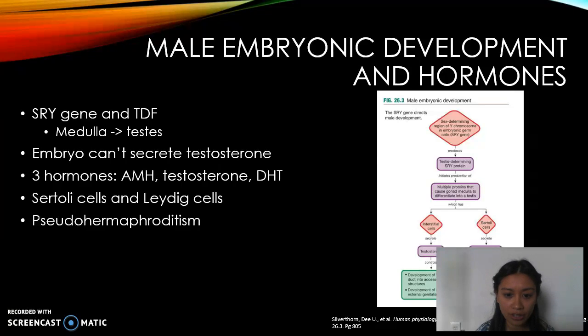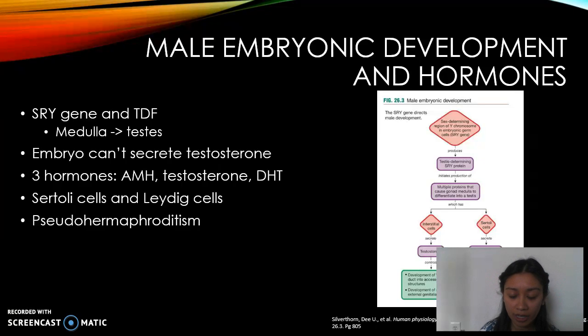Testosterone and DHT are the dominant steroid hormones in males, and both will bind to the same androgen receptor, but the two ligands will elicit different responses. So the role of AMH in male embryonic development is that AMH will cause the Mullerian ducts to regress, and then the testosterone will change the Wolffian ducts into the male accessory structures like the epididymis, the vas deferens, and the seminal vesicle.